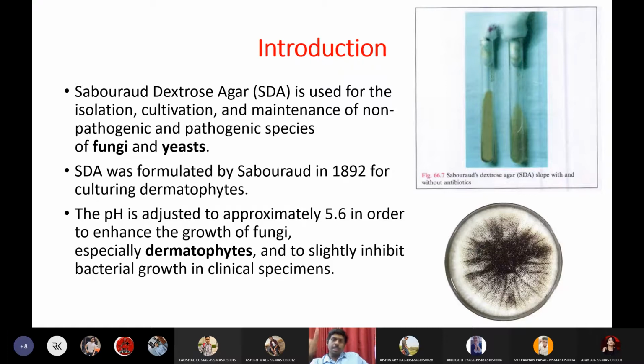Now we need to eliminate the growth of bacteria in our fungal media. We need to add some bactericidal chemicals to our media to kill bacteria.